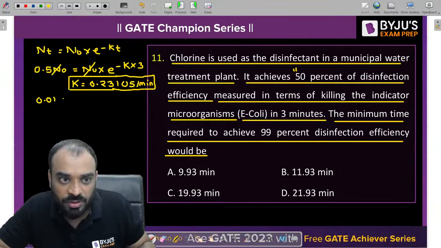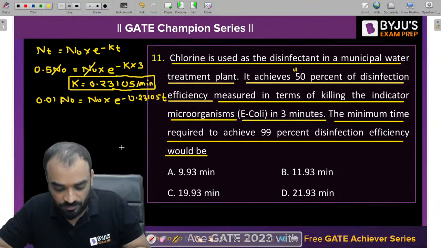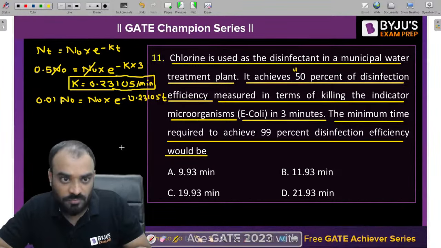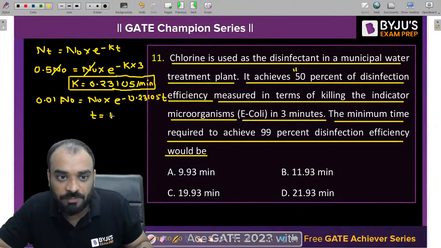Remaining is 0.01 N naught, which is equal to N naught into e raised to power minus k, where k is 0.23105, multiplied by t. So guys, we are getting a value of t equal to 19.93.